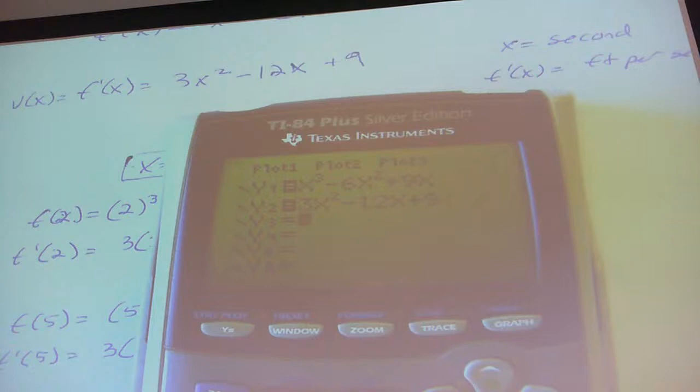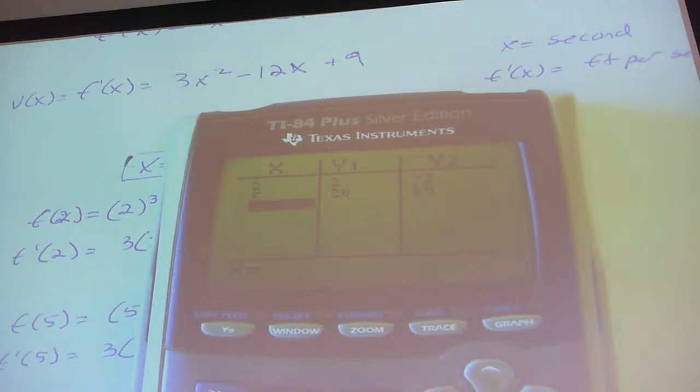Then go to the table feature, plug in 2, plug in 5. So I go to second graph for the table, plug in 2, plug in 5. Are we all getting the same answers?